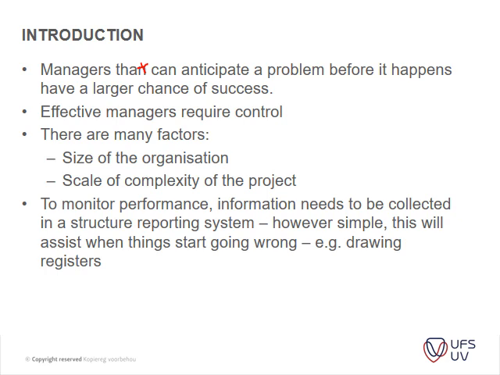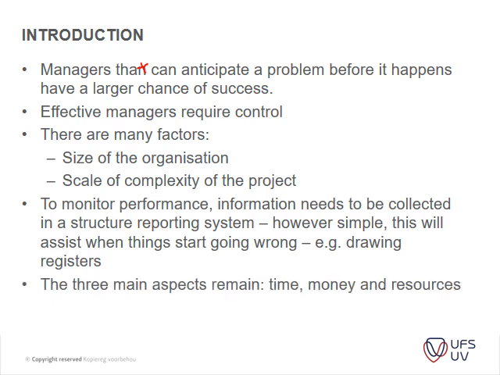To monitor performance, information needs to be collected in a structured reporting system. However simple, this will assist when things start going wrong, e.g. drawing register, etc. Okay. The three main aspects remain time, money, and resources.